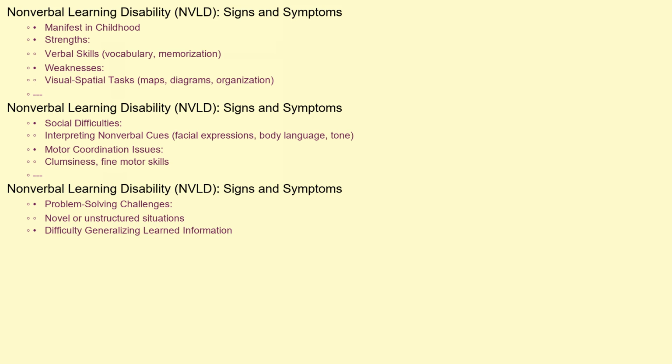Motor coordination can be impaired, resulting in clumsiness or difficulty with fine motor skills like writing or buttoning clothes. Problem-solving skills, especially in novel or unstructured situations, can be a significant challenge. Difficulties with generalizing learned information to new contexts is also a hallmark of NVLD.